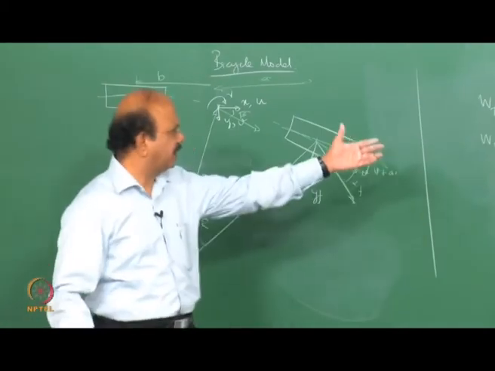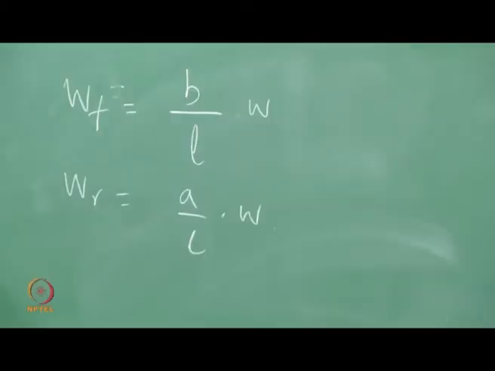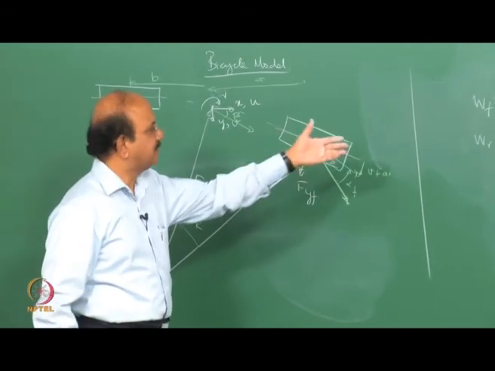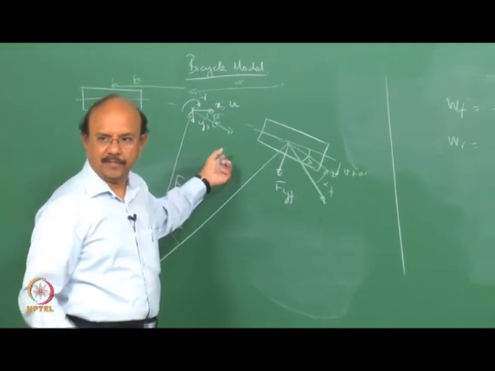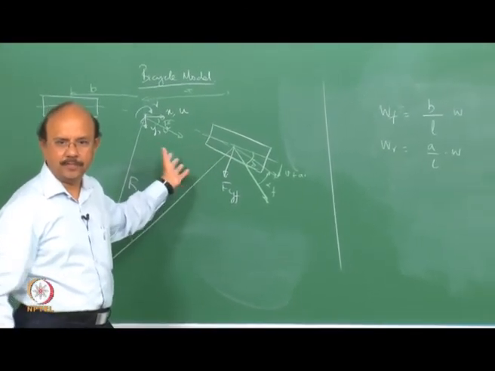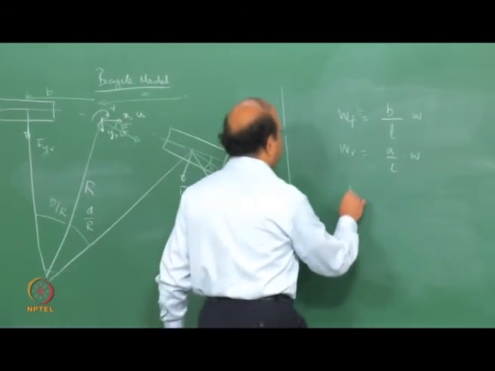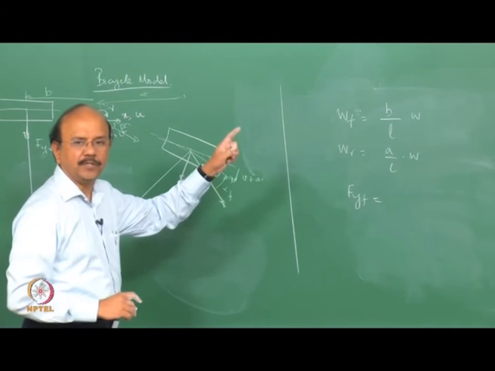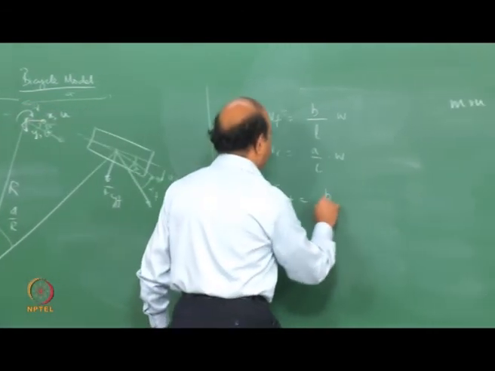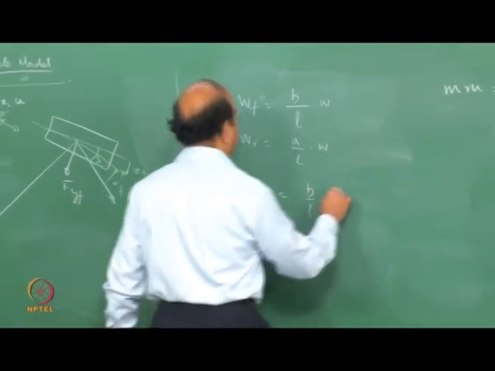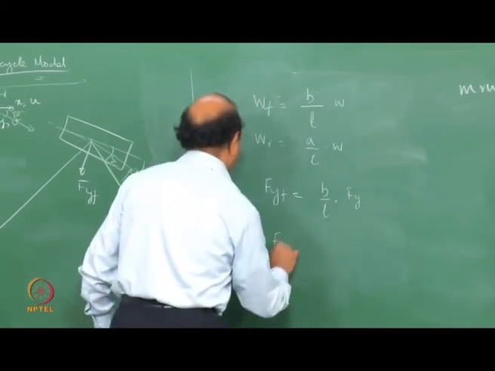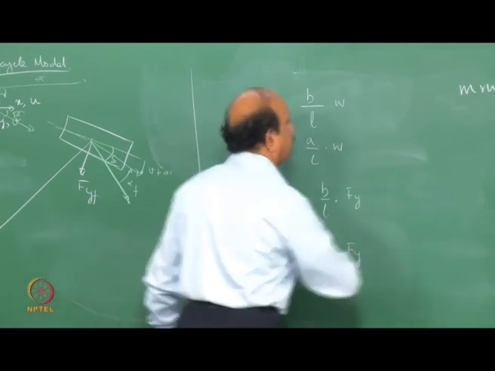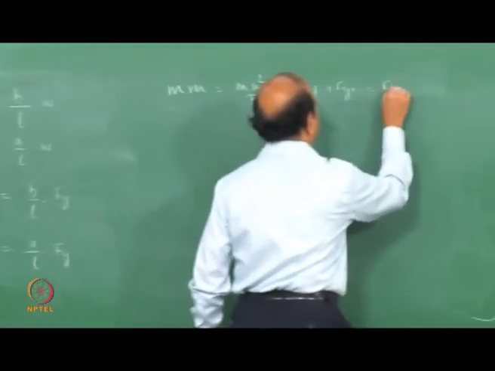How did I get that? By taking a moment about the center or about one side and so on. The same thing I can do here as well. Because this is steady state, I have no issues taking the moments, and hence Fyf is going to be distributed in the same fashion as B by L into Fy, and Fyr is equal to A by L into Fy, where Fy is actually the total force that's acting.